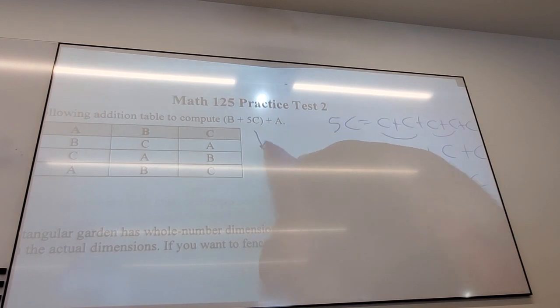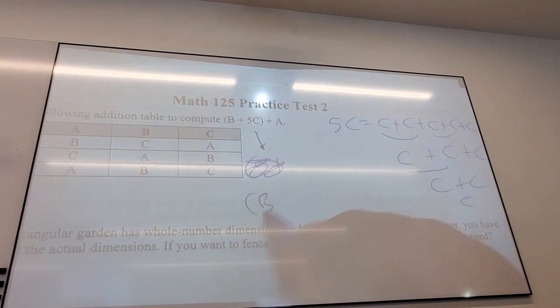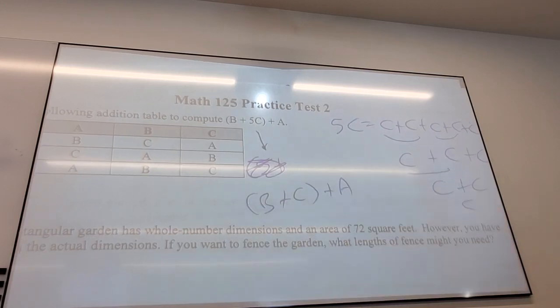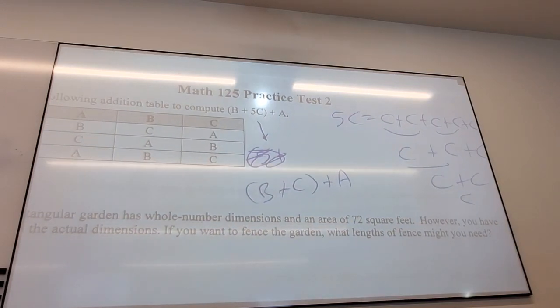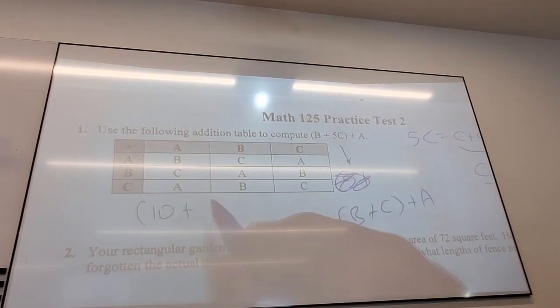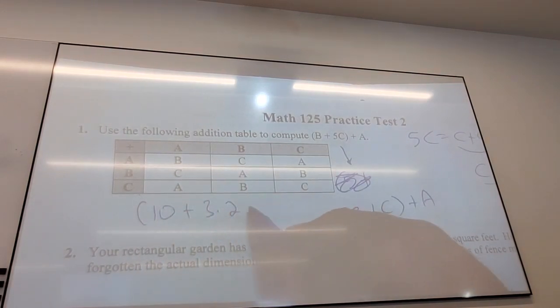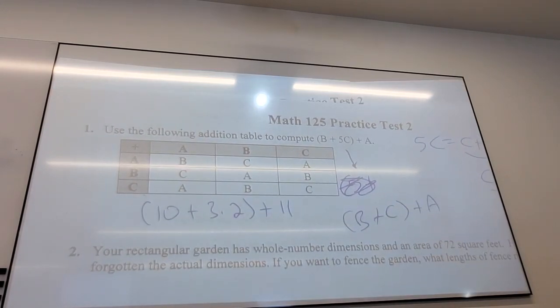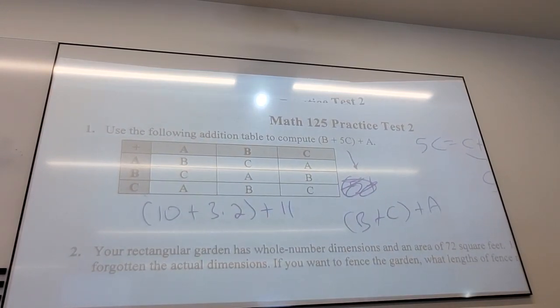So so far I've got B plus C plus A, yes? In fact, you guys help me out. If I ask you to do 10 plus 3 times 2 plus 11, what would you do first? 3 times 2.